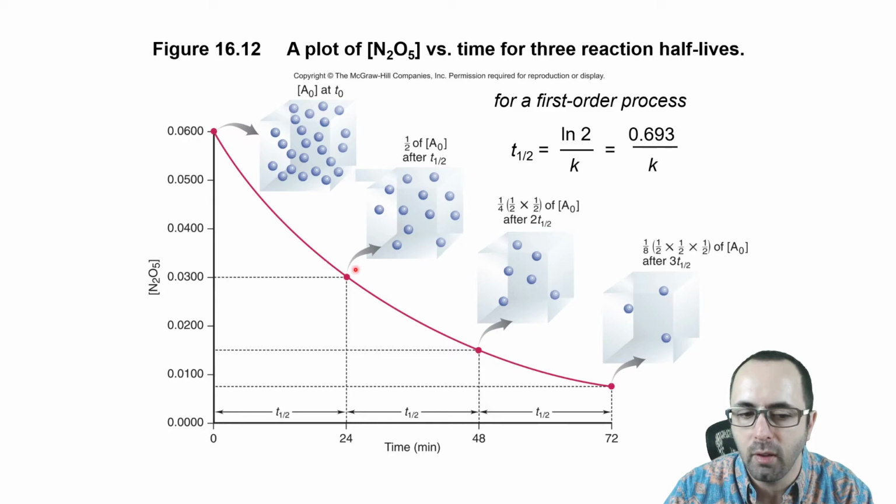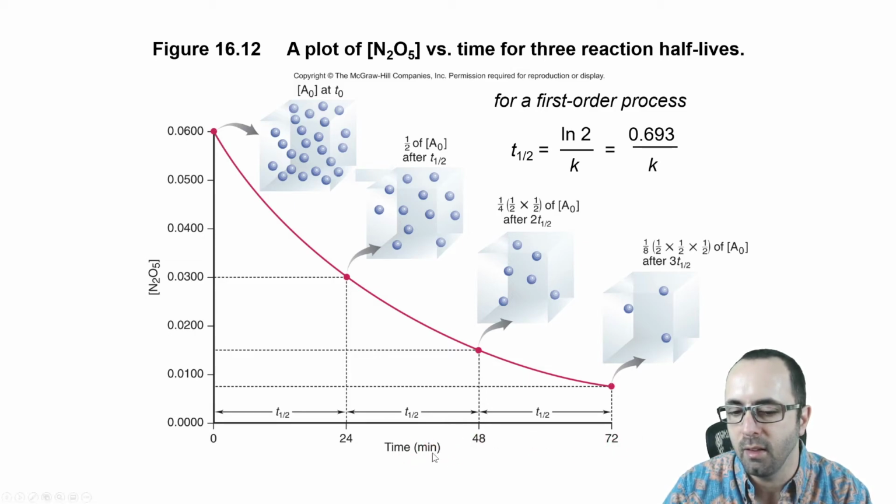It goes down from 0.03 down to half of that, 0.015. Then in the next 24, not seconds, but minutes rather, I didn't see there, it was minutes, but either way, another 24 minutes, another half-life has passed. Again, the concentration is cut in half, down from 0.15 down to 0.015 down to 0.0075. Basically every time a half-life passes, the concentration gets cut in half.